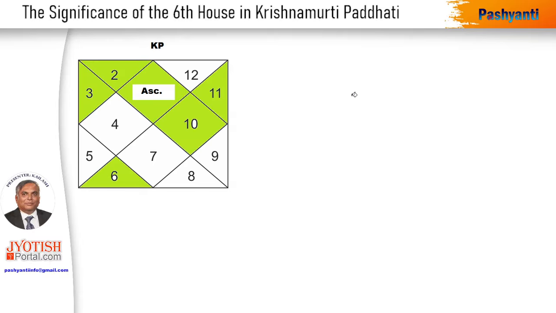So these 6 houses are always favorable to you, and the rest of the 6 houses are not good for you. When I say not good, that basically means not good from the point of view of material gains or Raja Yoga or being successful in life. So the houses 1, 2, 3, 6, 10 and 11 are the houses that are going to be favorable.